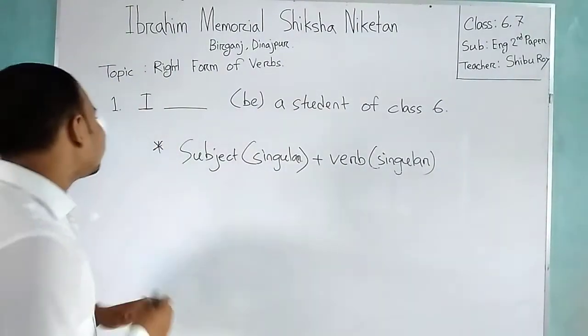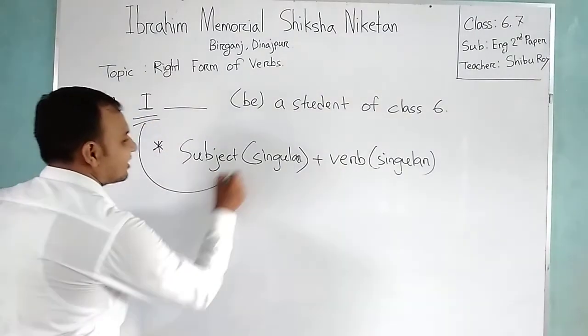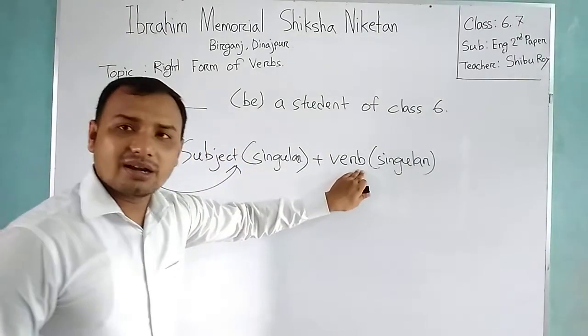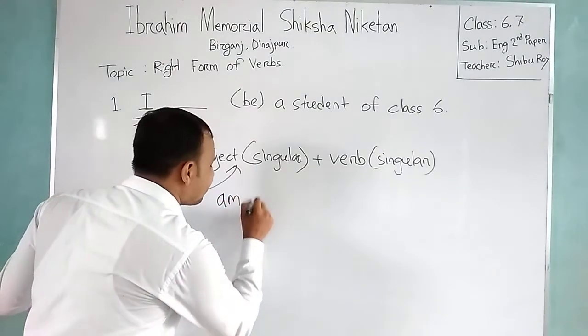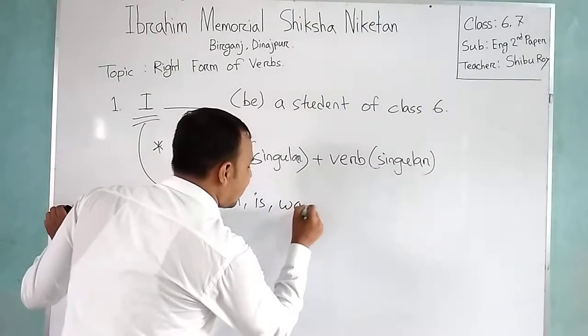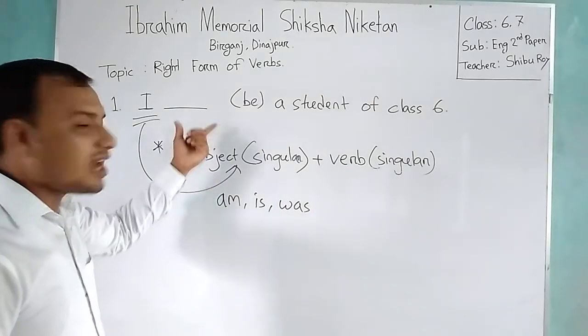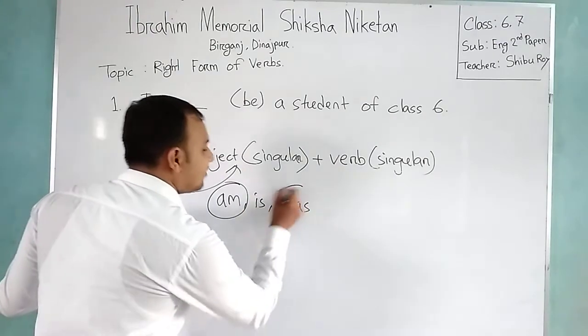So we are seeing here that I is a singular subject. So we know that the singular verbs are am, is, was. Those are singular verbs. So what will we put here? We can put here am or was.